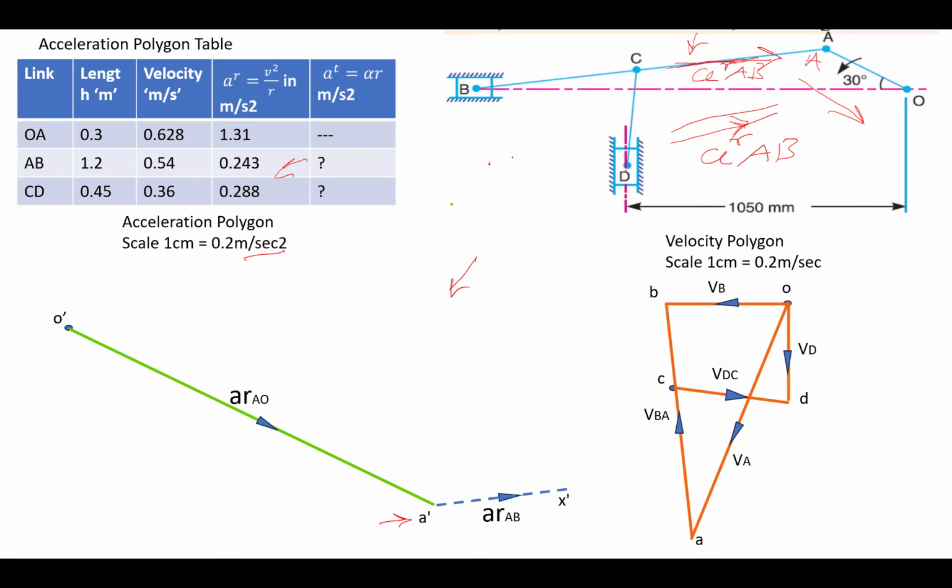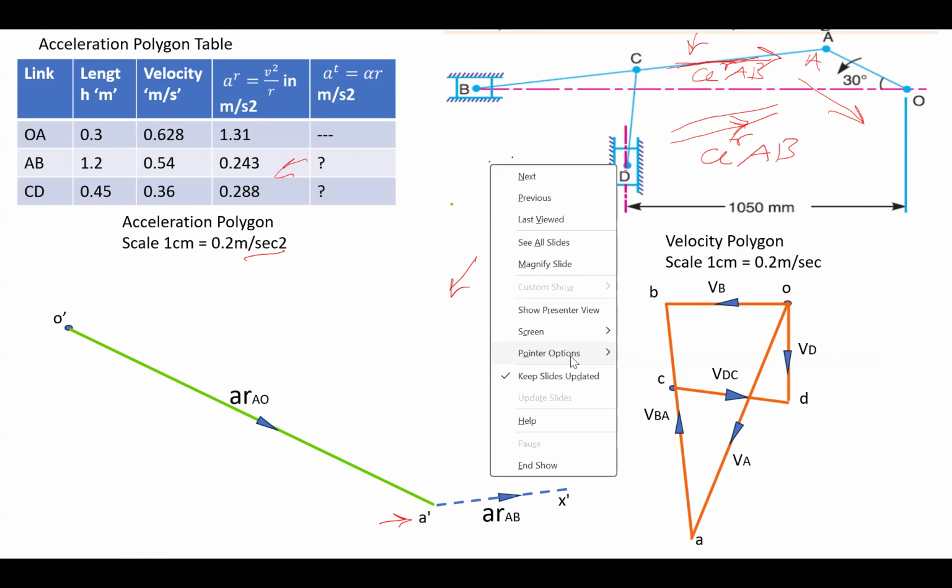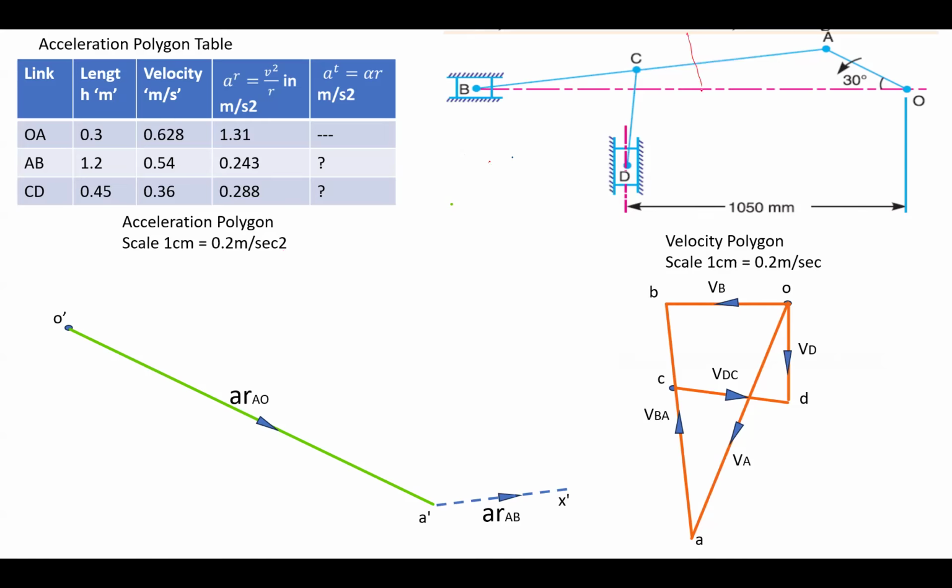This AB link also has another component of acceleration, the perpendicular or tangential component, which we write as a AT, the tangential component of AB. It is perpendicular to link AB.